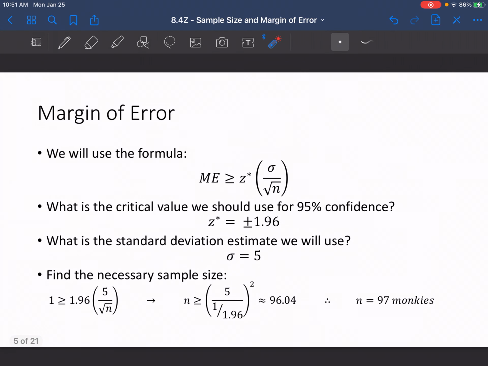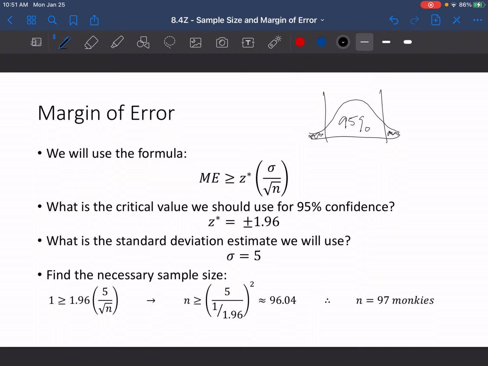We also need to find our critical value at a 95% confidence level. If we're given this graph, our 95% confidence level represents the area in between the lines. However, we don't know the area on either of the tails.